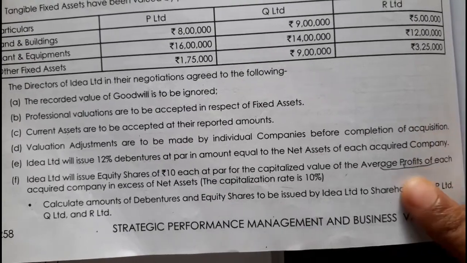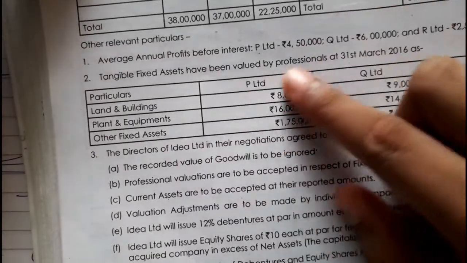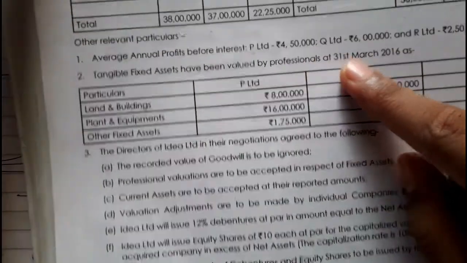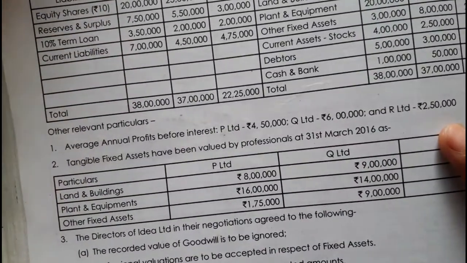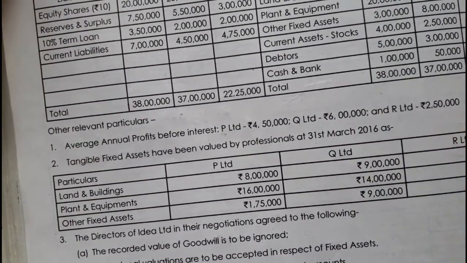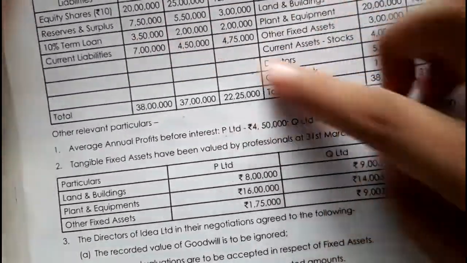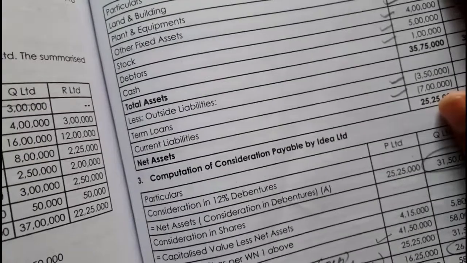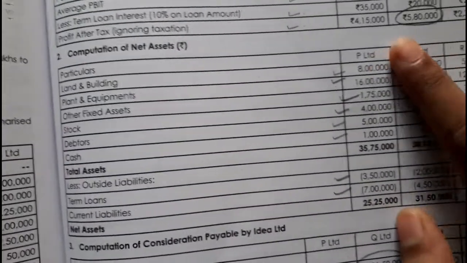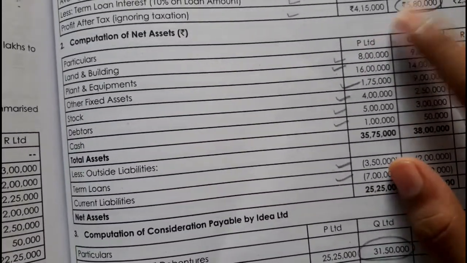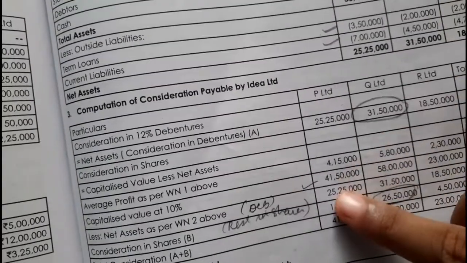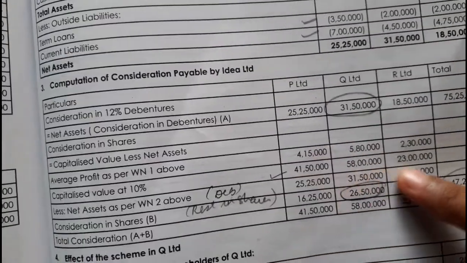Here they have given average annual profit before interest: 4,50,000, 6 lakh, and R Limited 2,50,000. If we reduce the 10% loan interest amount, 10% of 3,50,000 is 35,000 and so on, we will get the profit after tax amount. Now this is to be capitalized at 10%, so dividing by 10%, we'll get the capitalized value.